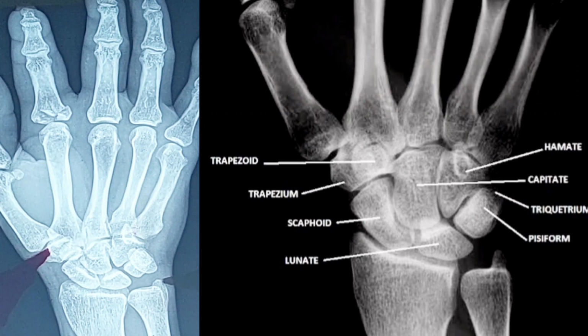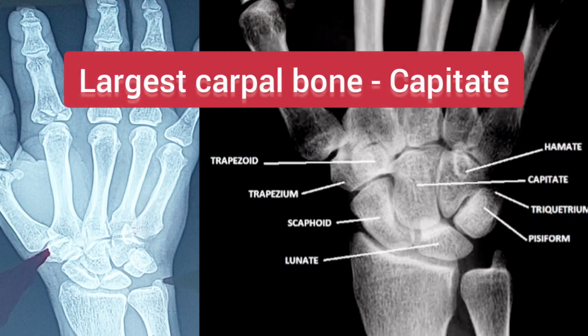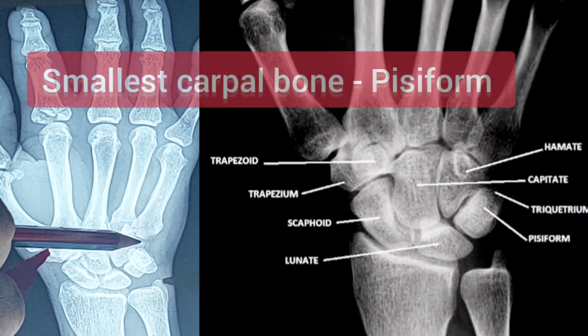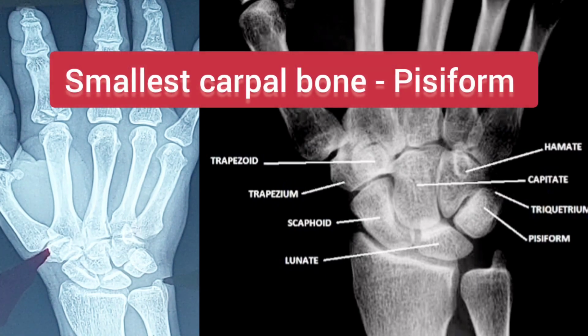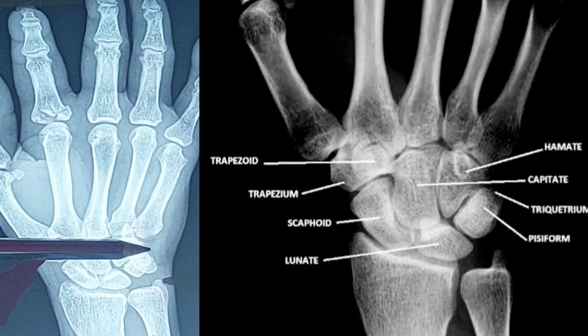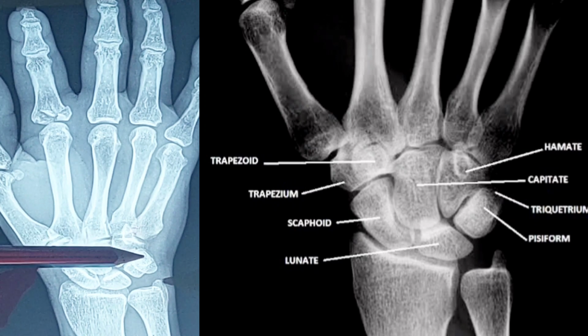The capitate bone appears about 2 to 3 months after birth, and is the largest of all carpal bones. And the smallest of all carpal bones is the pisiform bone, and it appears last, that means between 10 to 12 years after birth. So this bone is visible, which means the age of this individual should be more than 12.